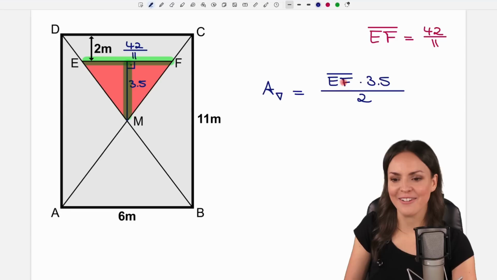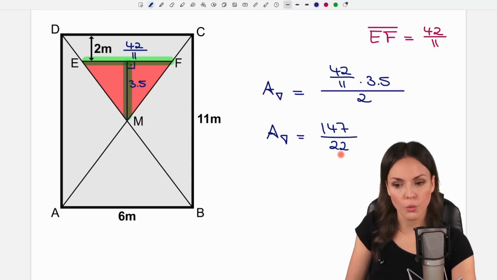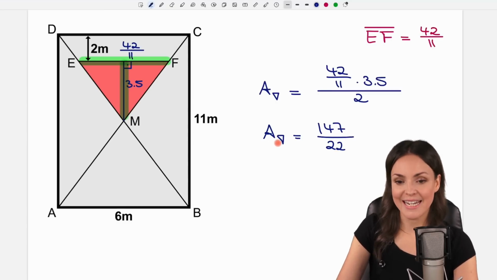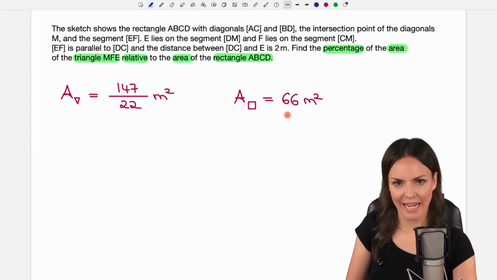Here is our EF. We put in the result we just found, the 42/11. Calculate all of this and we get for the area of our triangle a value of 147/22.